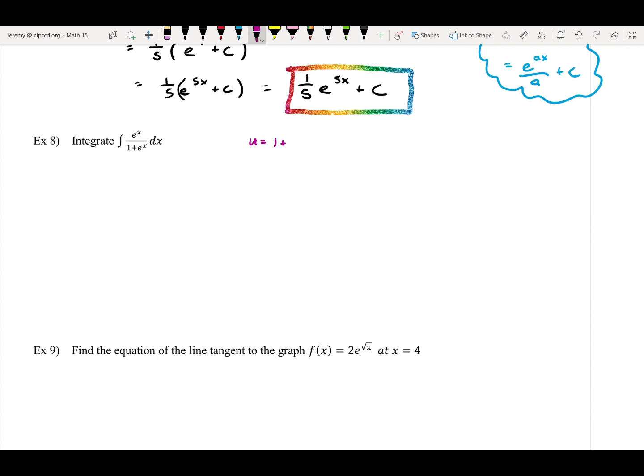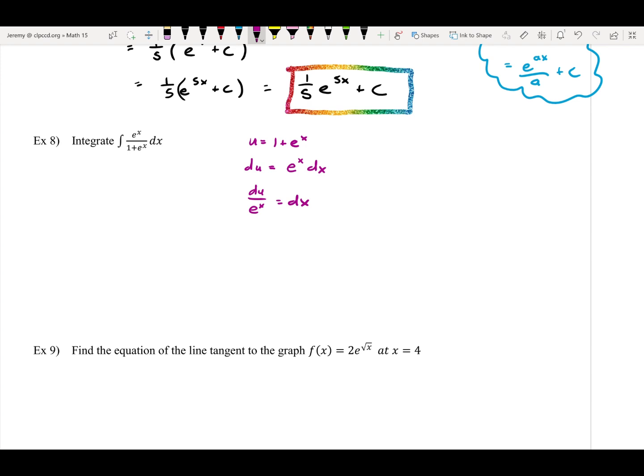So 1 plus e to the x. I'm thinking that this is going to be a good idea because when I take the derivative of both sides, I'll get du equals just e to the x dx, right? So then du over e to the x is equal to dx.